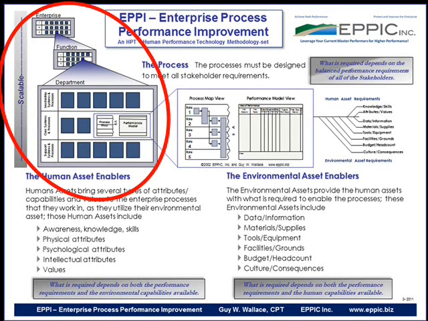First of all, EPPI is scalable. Whether I'm looking at a team or a single process or a bundle of processes that is the responsibility of a department or a function or business units and divisions all the way up to the entire enterprise, this model is scalable.